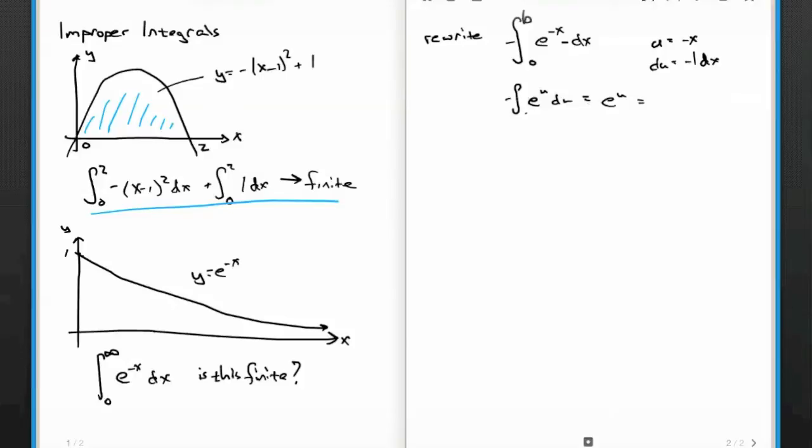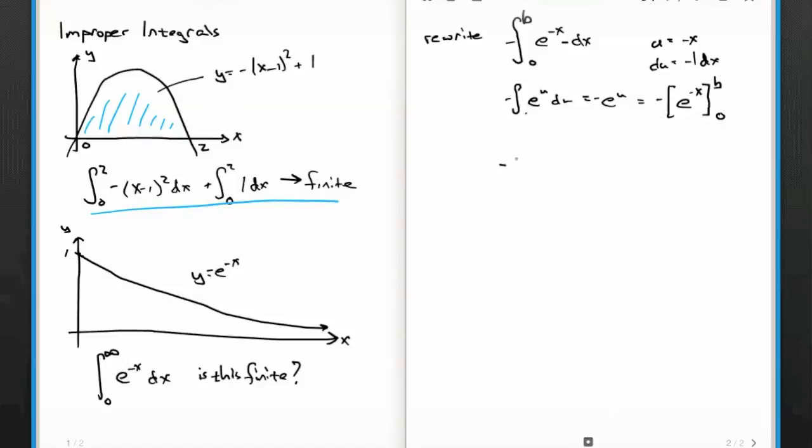and then I substitute my negative x back in there, so this becomes negative e to the negative x from 0 to b. All right, so this is all fine and good, but let's plug in some values here.